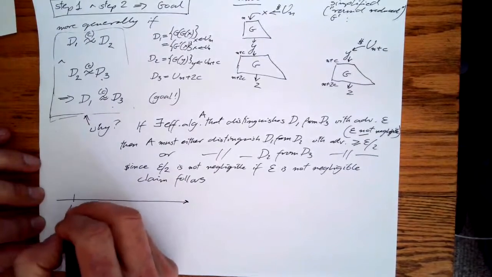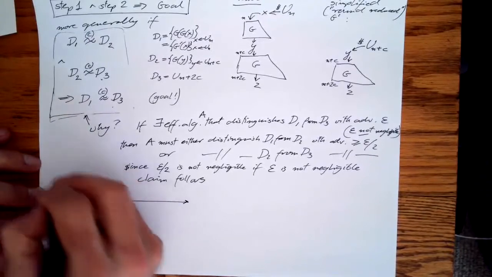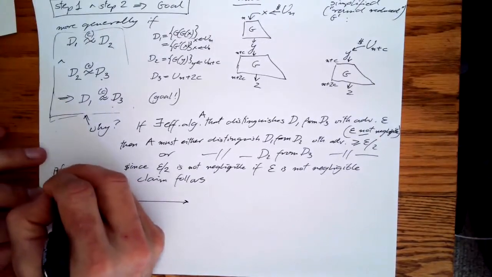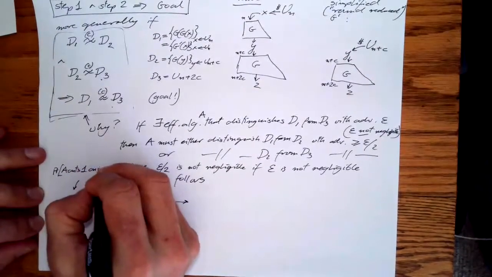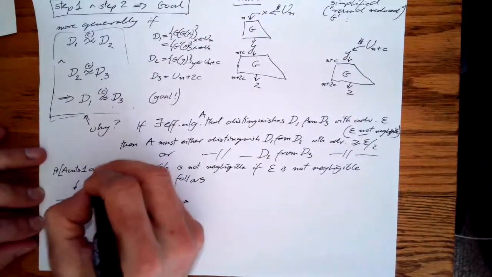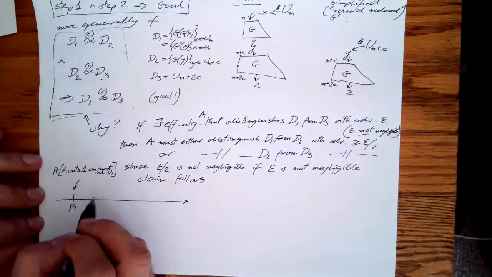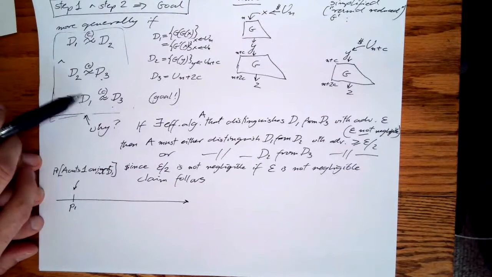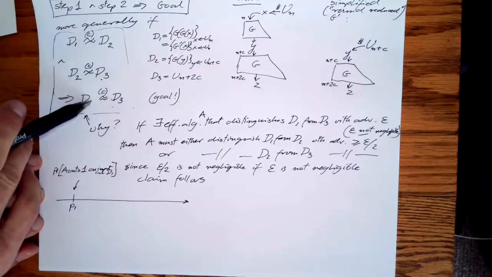Let P1 be the probability that A outputs 1 on input in D1. So he claims to distinguish D1 from D3. It is the proof by contradiction step.